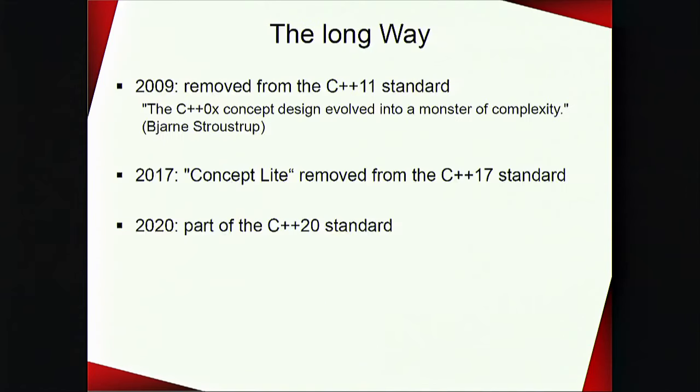And this is the sad story of concepts. In 2009, they were removed from C++, in particular from C++11. It happened, as far as I know, in Frankfurt. This was a statement from Bjarne about a monster of complexity. They were too complex.